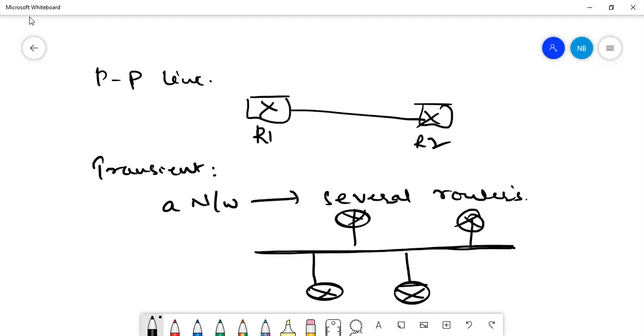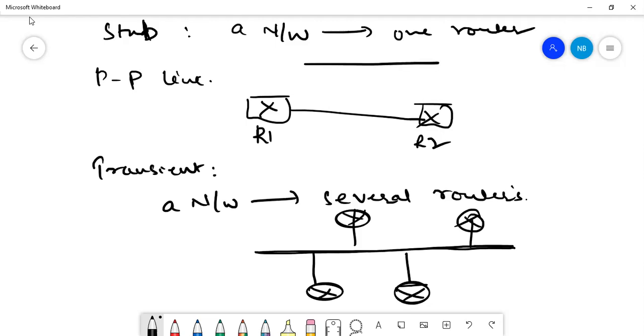Now coming to the next one, that is stub. According to this, a network is connected with a single router. Only one router will be connected to it. So there will be an Ethernet cable and one router inside.